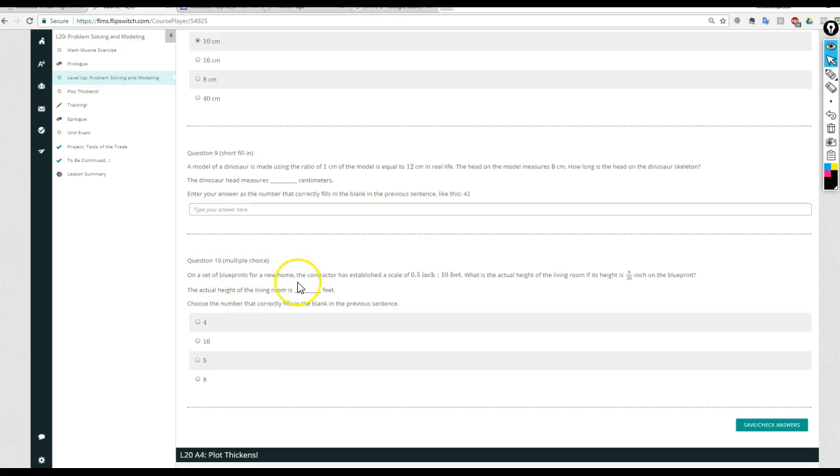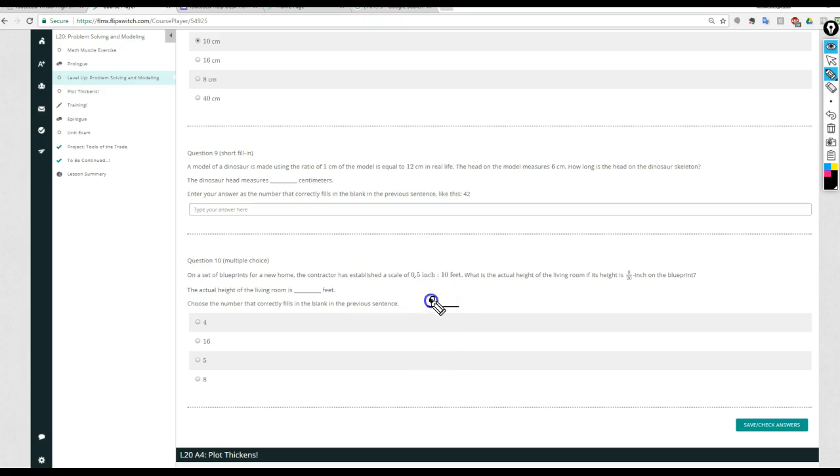On a set of blueprints for a new home, the contractor has established a scale of 0.5 inches to 10 feet. What is the actual height of the living room if its height is 8/20 of an inch on the blueprint? So we're going to do a similar setup.